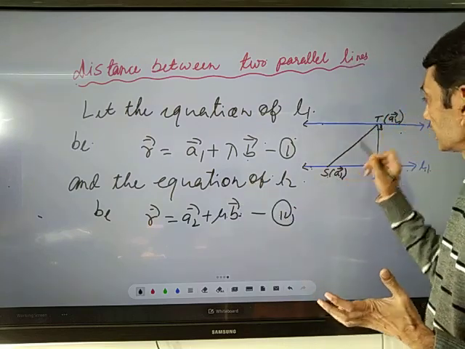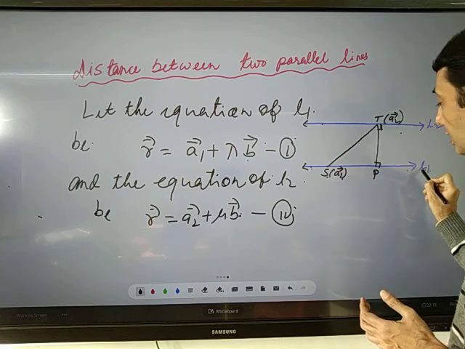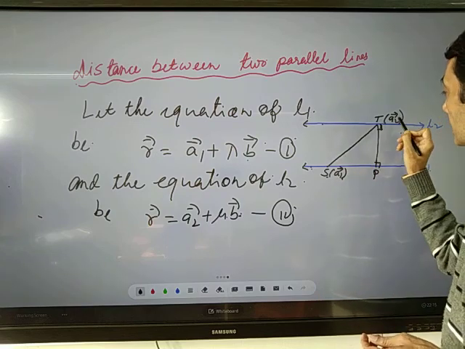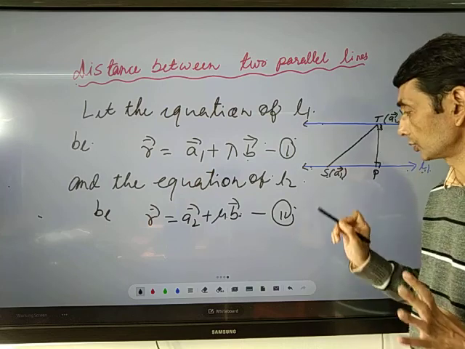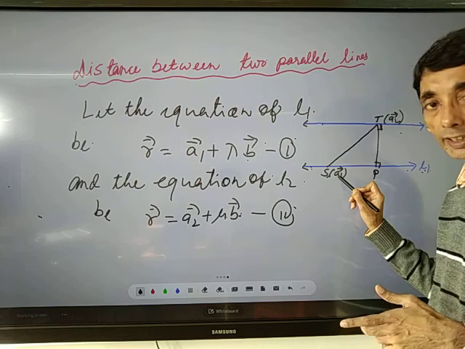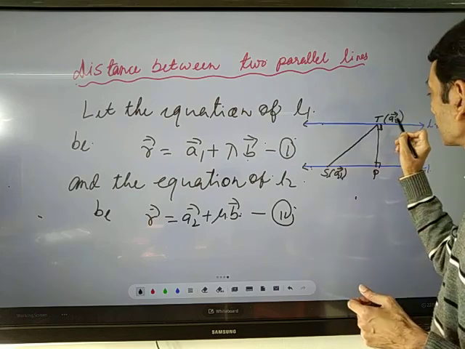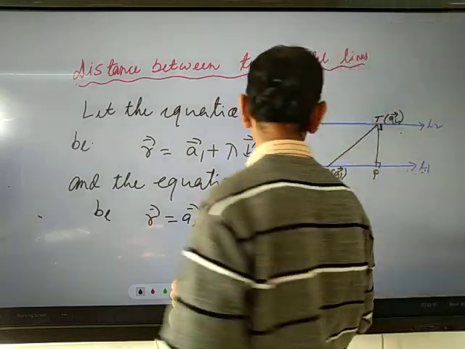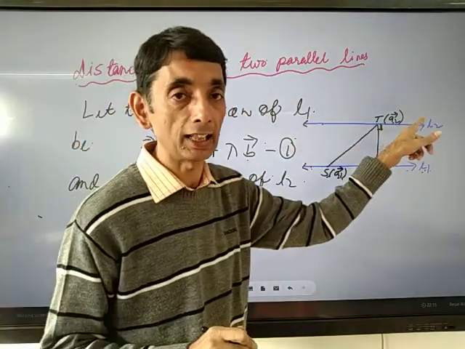S is a point on line L1 and T is a point on line L2. That means L1 passes through S with position vector A1, and A2 is the position vector of point T, which lies on L2.